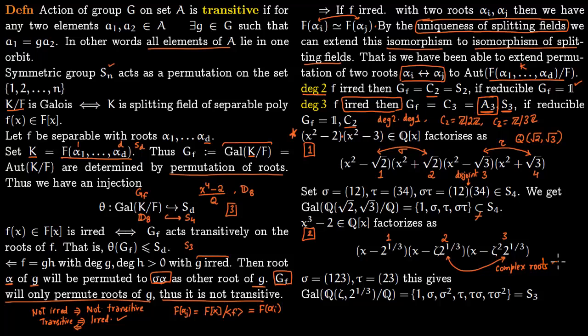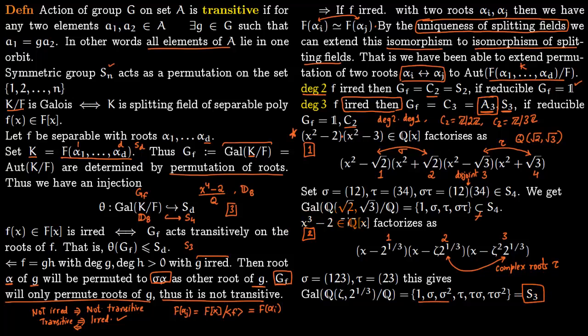These are permuted by our tau, so tau is (2 3). We saw our Galois group is 1, sigma, sigma squared, which permute all three roots, and then tau, tau sigma and tau sigma squared. So this will give you S3, that is, permutation of all three roots.